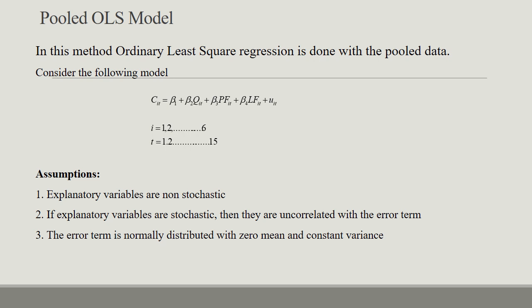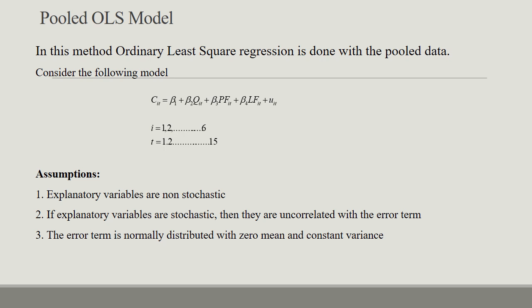Here I have just taken the example. You can assume i running from 1 to 6. That means there are 6 different units or subjects, and the time period t running from 1 to 15. That means 15 years of data. So this is an example of panel data.